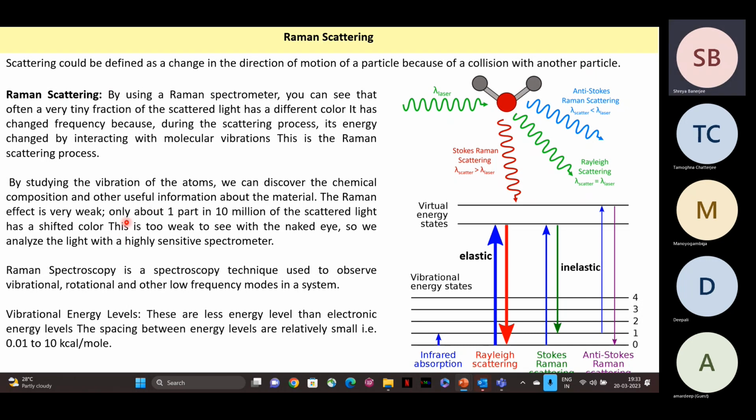The Raman scattering effect is very weak. So if there are 10 million photons, only one photon will undergo Raman scattering. So a very sensitive spectrometer is needed. Raman scattering is generally used to observe vibrational, rotational, and other low frequency modes in a system.